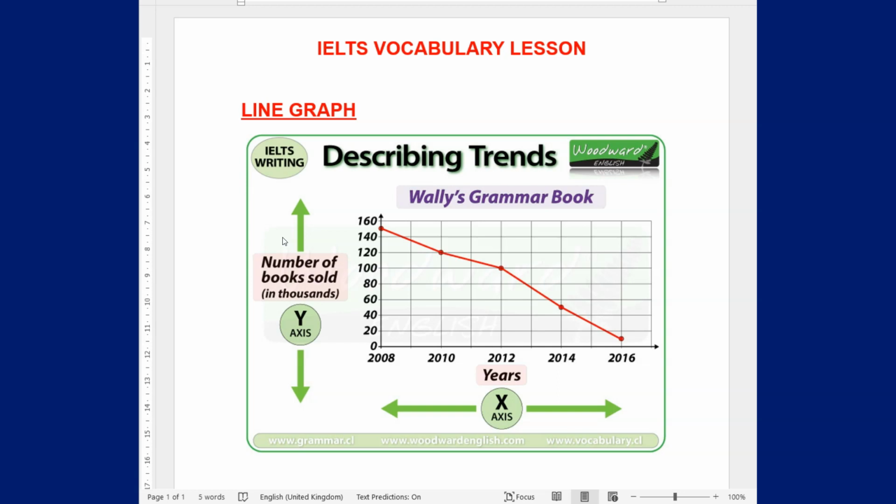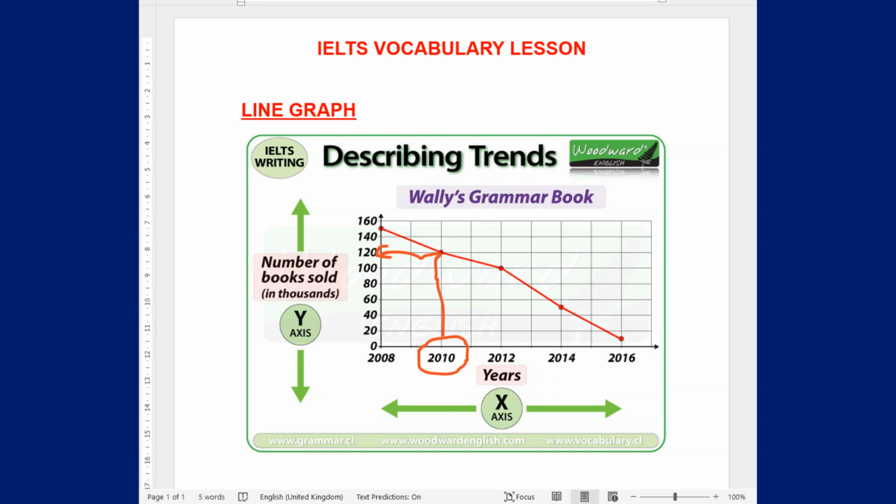Now, a quick question: how many books were sold in 2010? If you say that 120 was sold, let me just give a marking. If you take 2010, the number of books sold moves here and you match it to the one which was sold. So if you say it is 120 books sold, you are actually wrong. It is not 120.